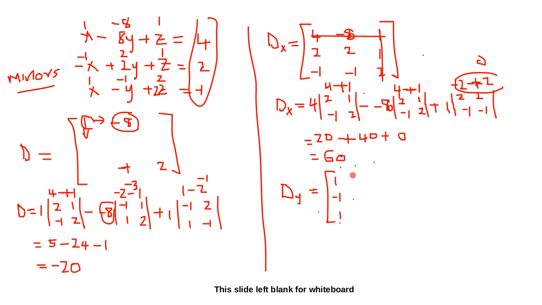Then now in the y column, we replace those elements by the constant coefficient, which is now 4, 2, 1. Then the last element is the same, 1, 1, 2.